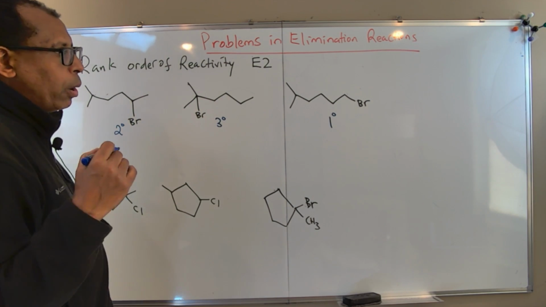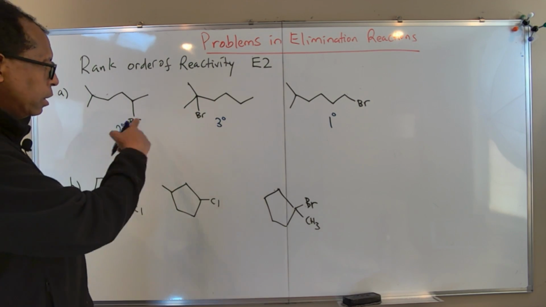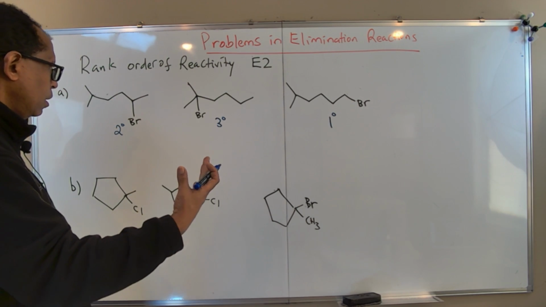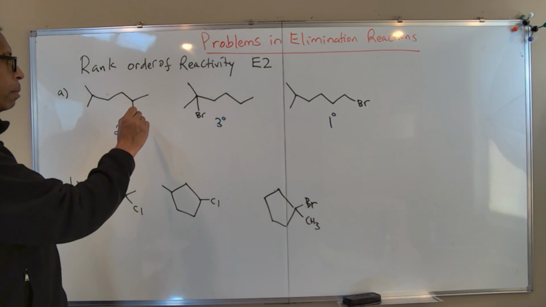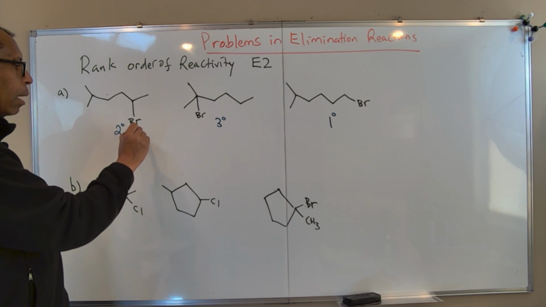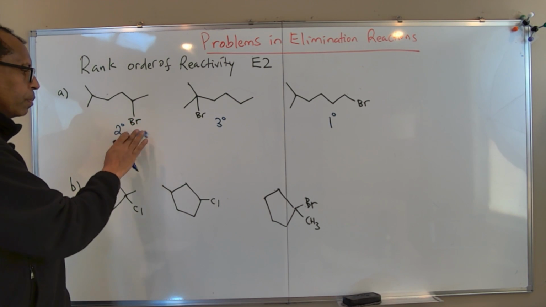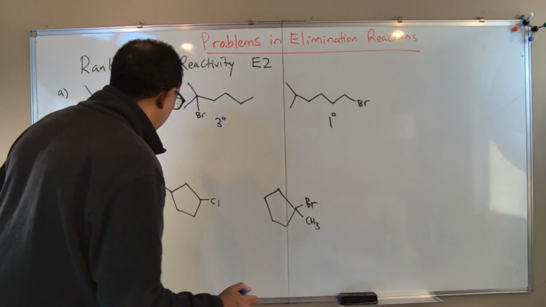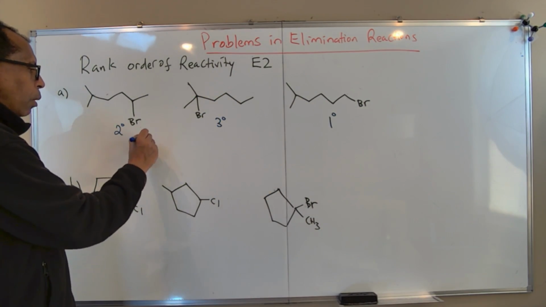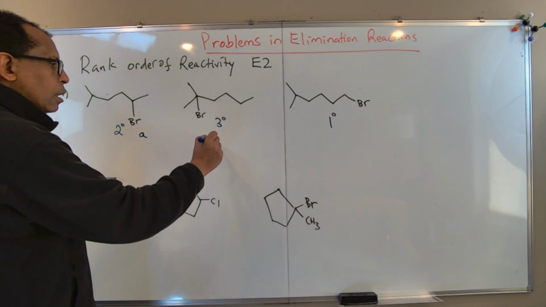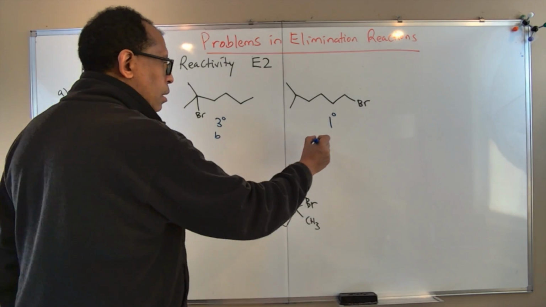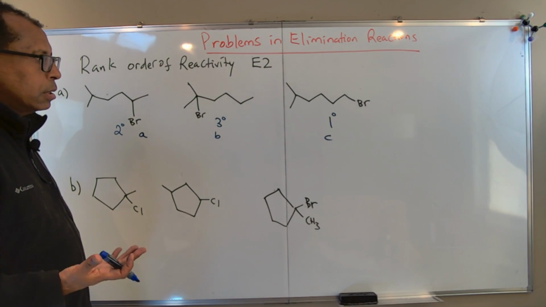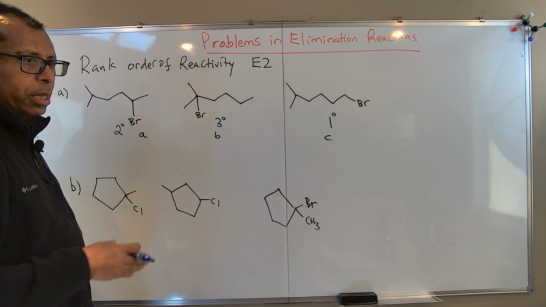So if I were to arrange in increasing order of reactivity, let me call this A, this is B, this is C. So which one would react faster in terms of an E2 mechanism?